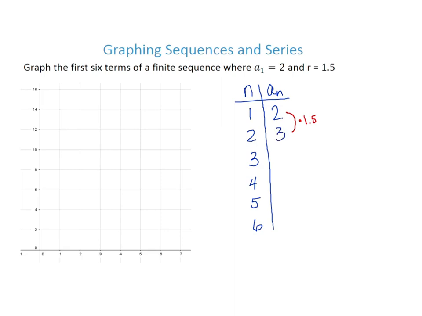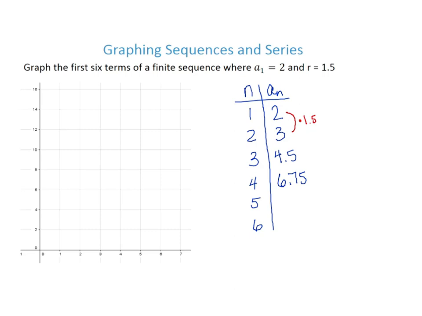So 2 times 1.5 is 3. 3 times 1.5 is 4.5. 4.5 times 1.5 is 6.75.